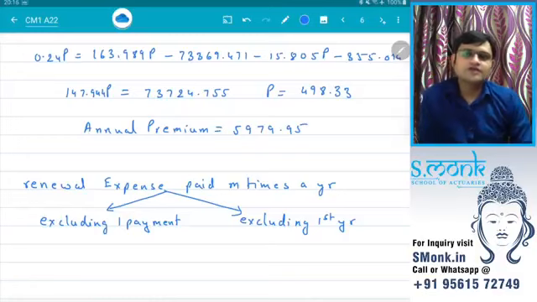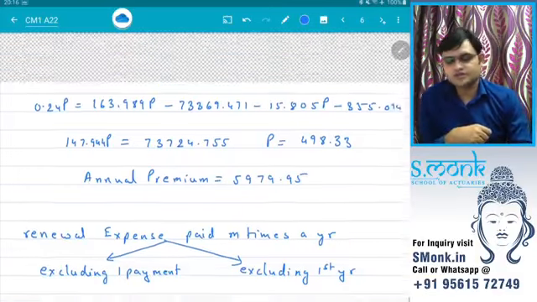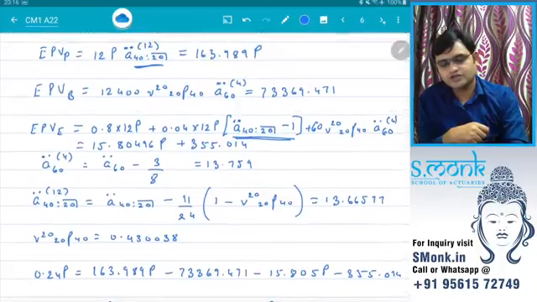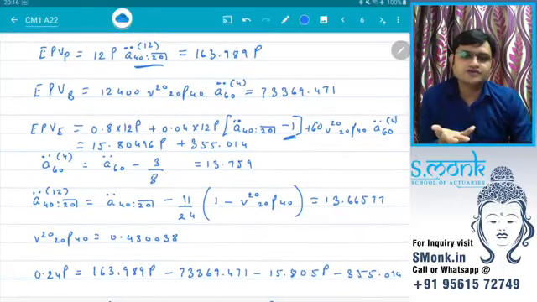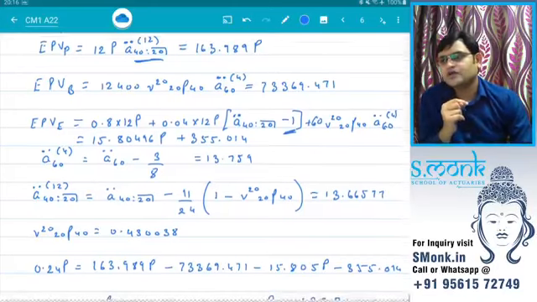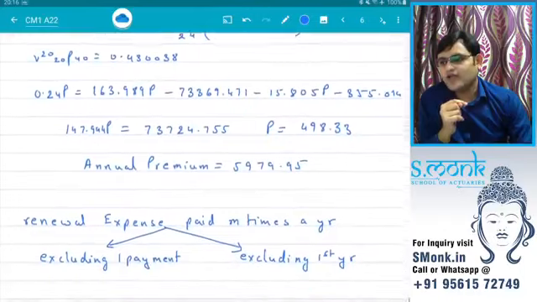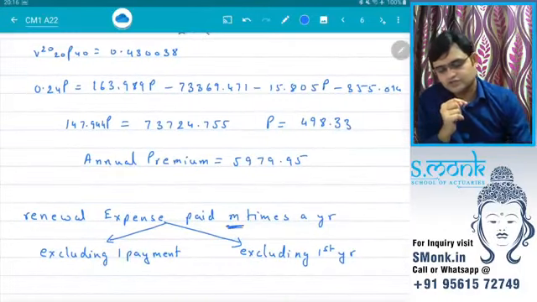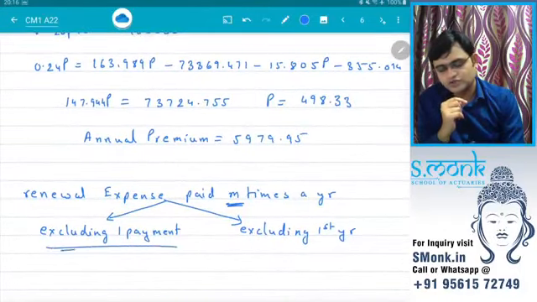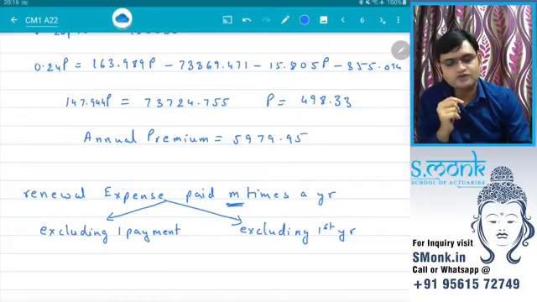Now up till now, when the payment was annual, our first payment was basically our first complete year. So that is why we subtracted 1. But when we have payment m times a year, we can be excluding the first payment, or we can exclude the complete year.